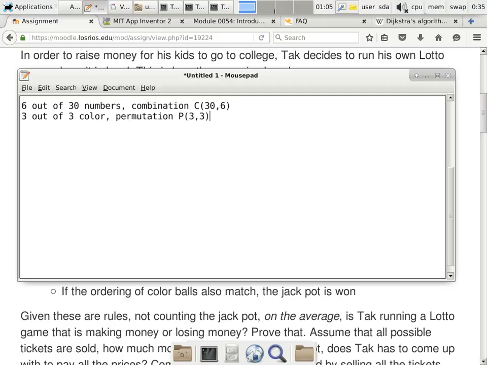Because I can have RGB, RBG, GRB, GBR, and then BRG, and then BGR. Same 6 numbers, but now we have 6 tickets because of the colors.